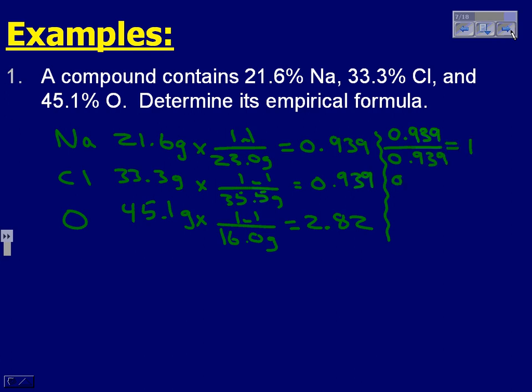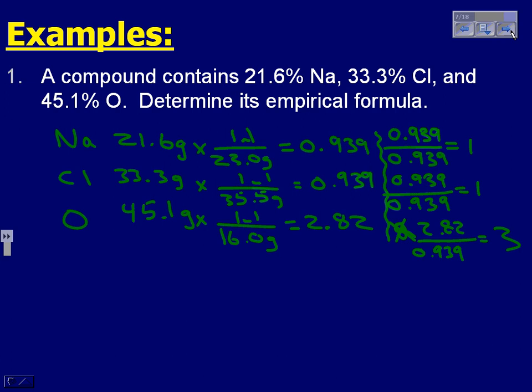That's 1. 0.939 divided by 0.939. That's also 1. 2.82 divided by that smallest number, 0.939. So let me do that calculation there. Divided by 0.939 equals, and I get 3.